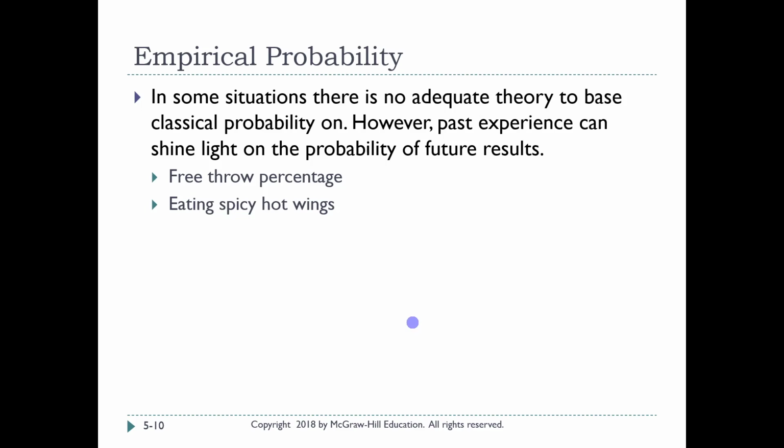Sometimes we don't have some theory to base that probability on, but we do have that past experience. Again, the free throw percentage, or, there's no theory that tells me the chance that my stomach will be upset the next morning, but given past experience, enough times eating spicy hot wings, I have a pretty good feel that it's quite a high percentage.